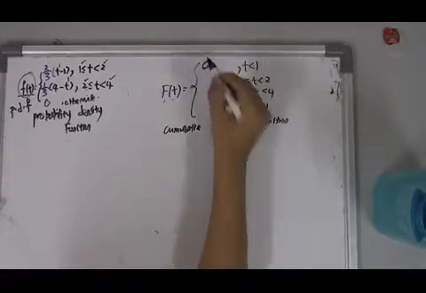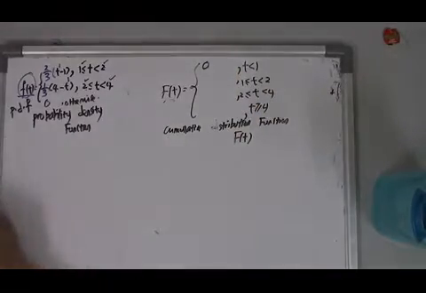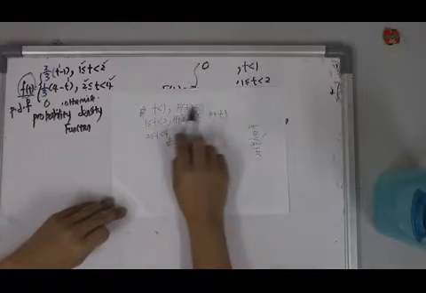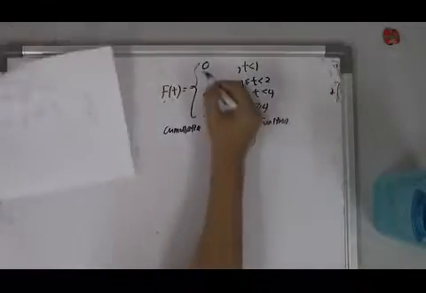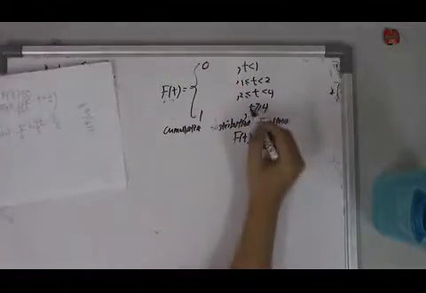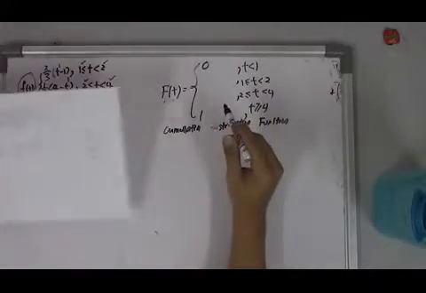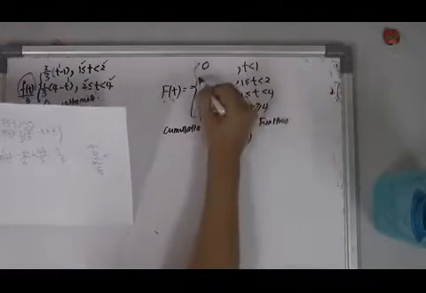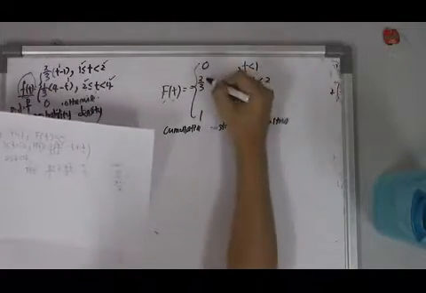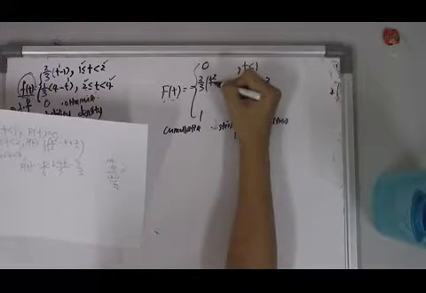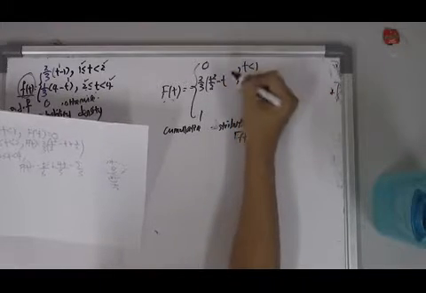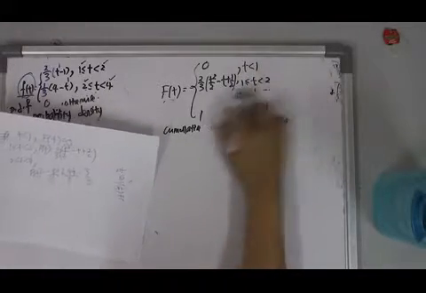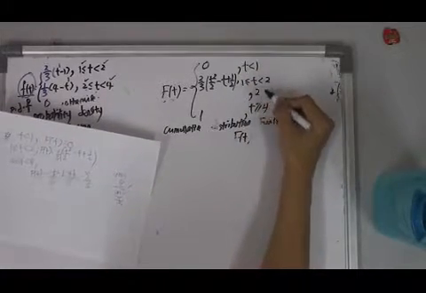So the first one must be 0, when t is less than 1, what you calculated just now, ft will be 0. And the last one must be 1. And the in between one, between 1 and 2, will be 2 over 3 times t squared over 2 minus t plus 1 over 2.